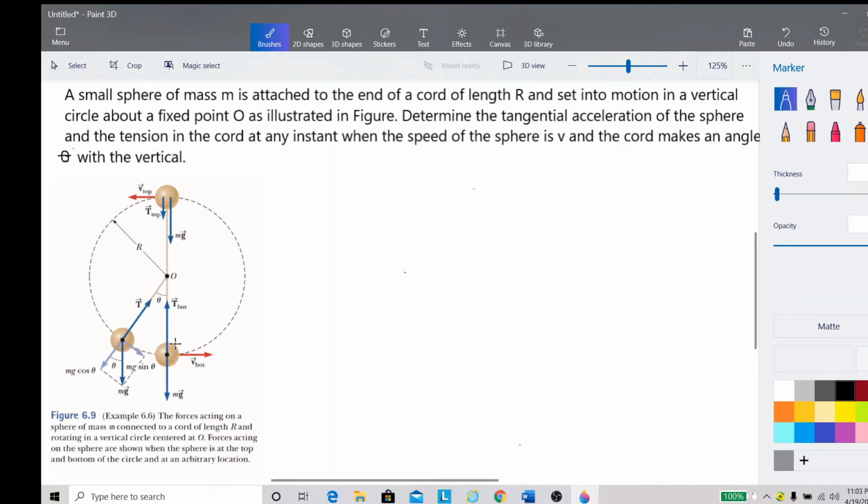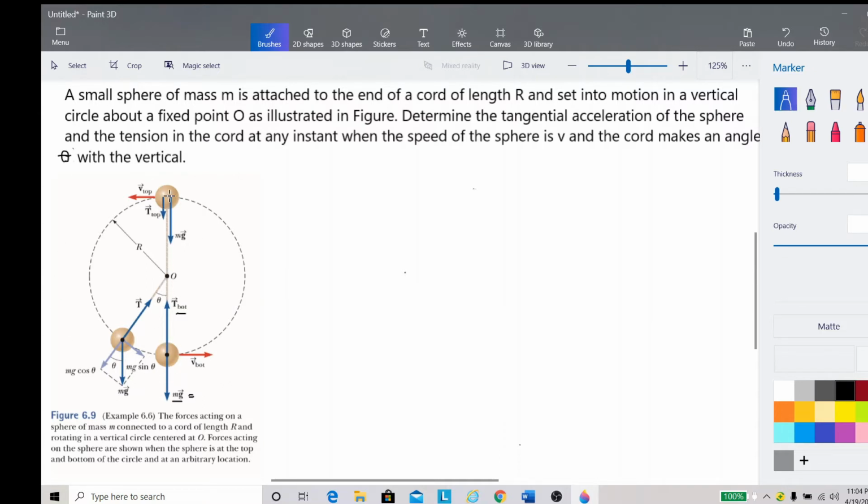We have the free body diagram, and the free body diagram will show that there will be a tension at the bottom, and it will be acted upon by a weight that is vertically downward, which is equal to mg. That's the weight. Velocity at the bottom is going in a counterclockwise direction in this case.